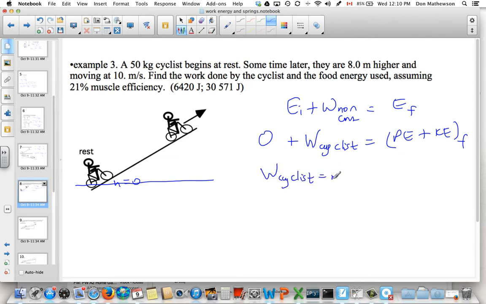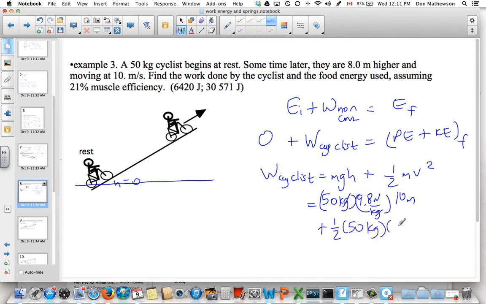And so we just have to calculate the potential energy, mgh, and the kinetic energy, 1/2 mv squared. So the mass is given as 50 kilos. The gravity field's 9.8 newtons on every kilogram. They end up 10 meters high. So the units end up being newton meters, which is joules.